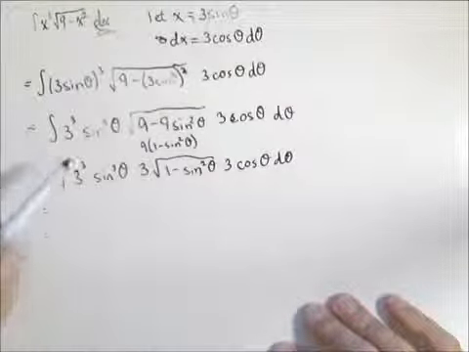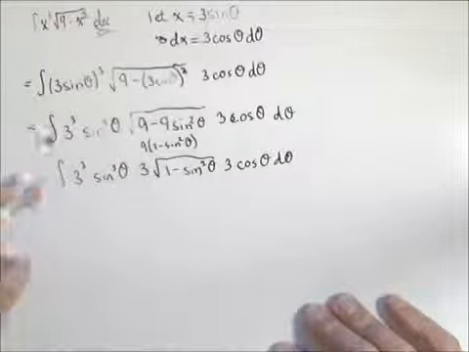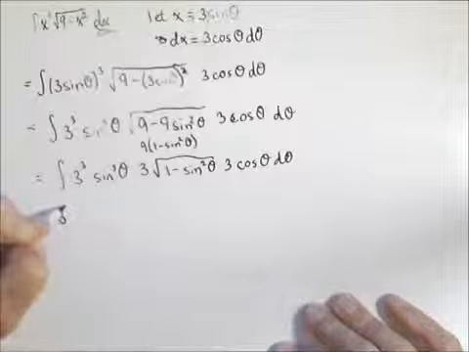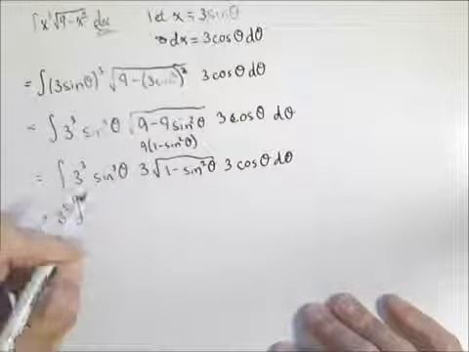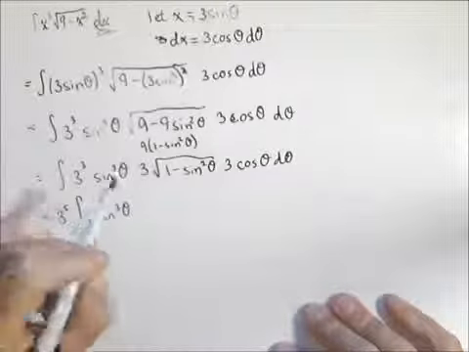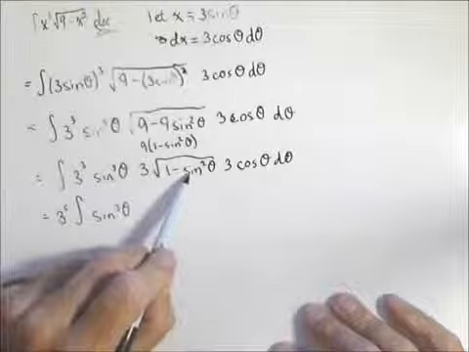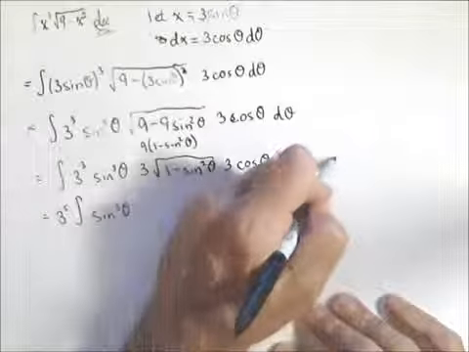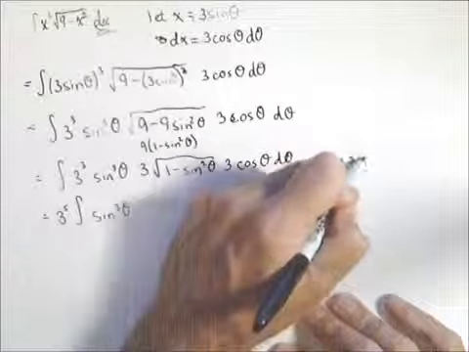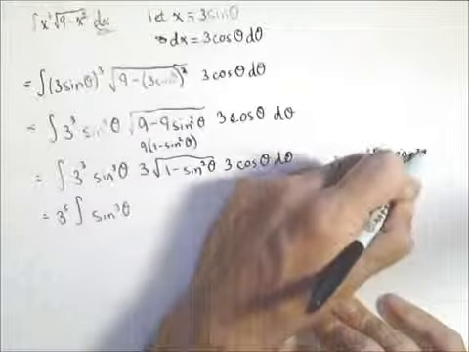Now I like to pull out all the constants so I don't have to deal with them. I have 1, 2, and 3 more 3's here. So I'm going to pull out a 3 to the 5th. Now I've got a sine cubed theta. And now what I'm going to do here, I have 1 minus sine squared. By the Pythagorean identity, 1 minus sine squared theta equals cosine squared theta.